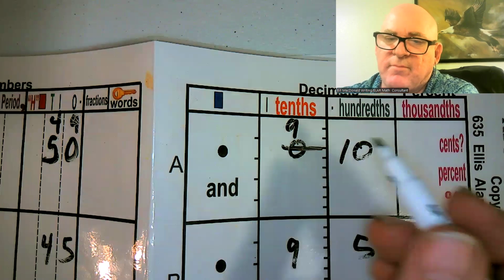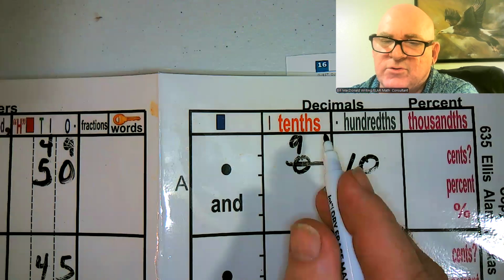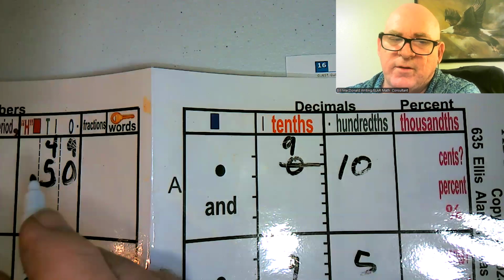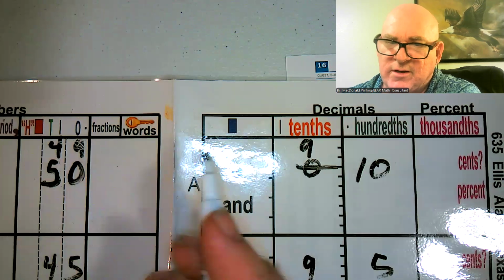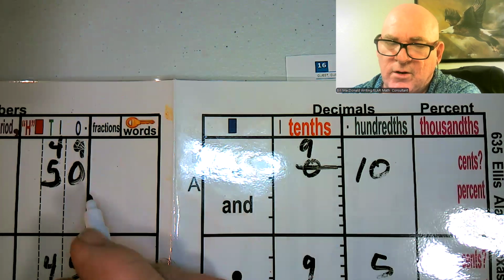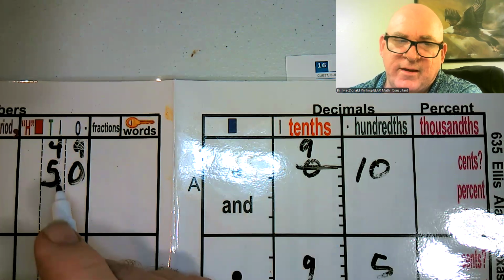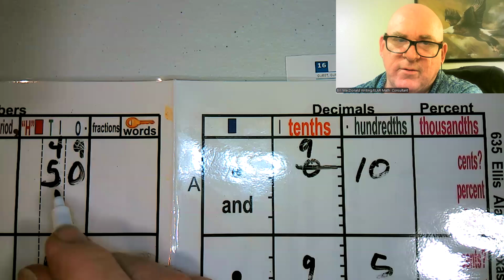So you say, okay, can I borrow from the tens or the dimes? No. Can I borrow from the dollars and the dimes? No, there's not any. But I do have a $10 bill.